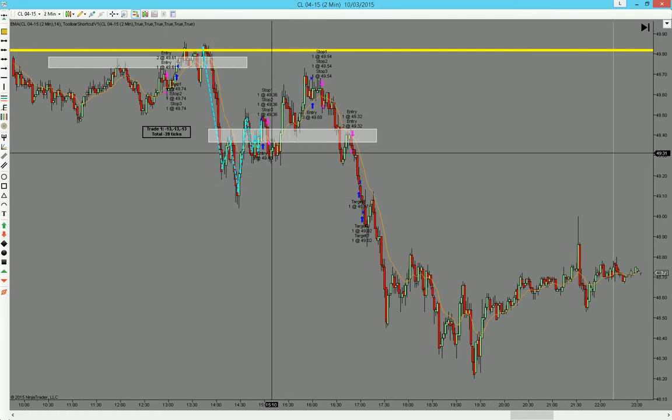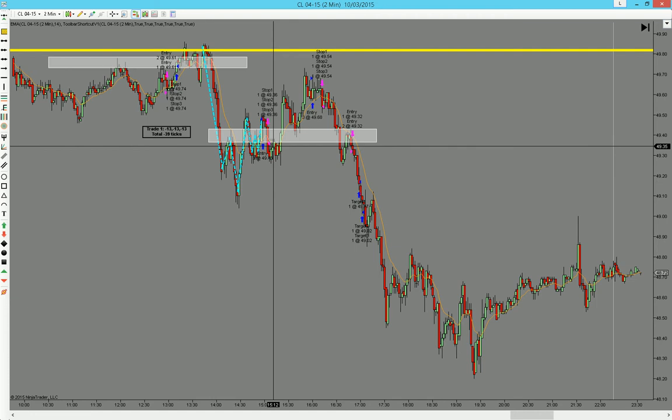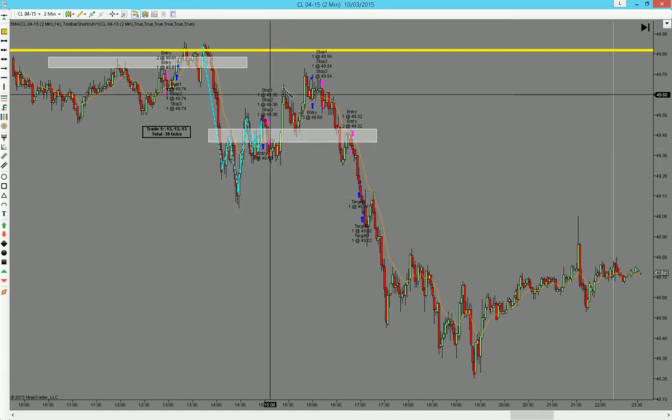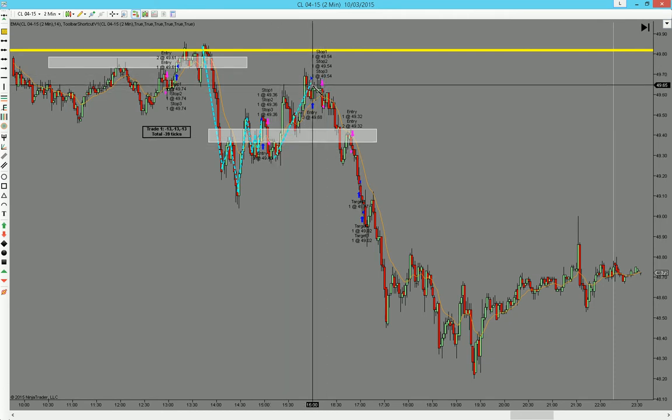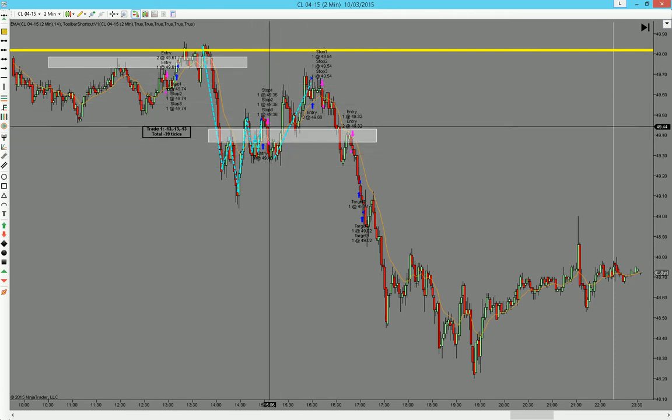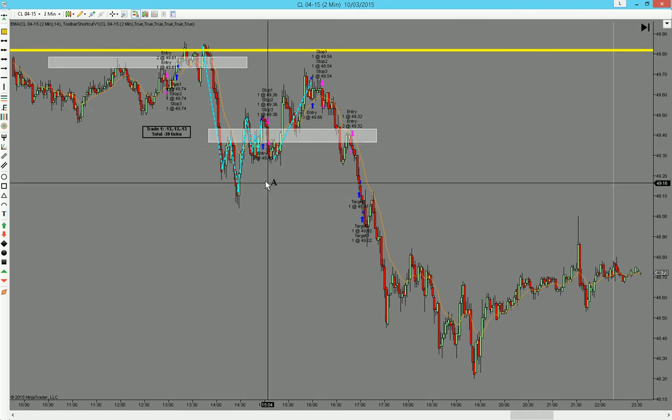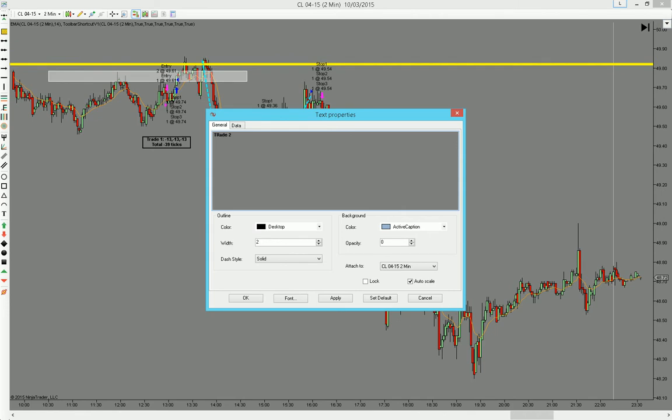But price decided to come back again to take our stop out. The move, as you can see, was there, but price just decided to come back to stop us out. So second trade for the day, minus 12, total minus 36 ticks.